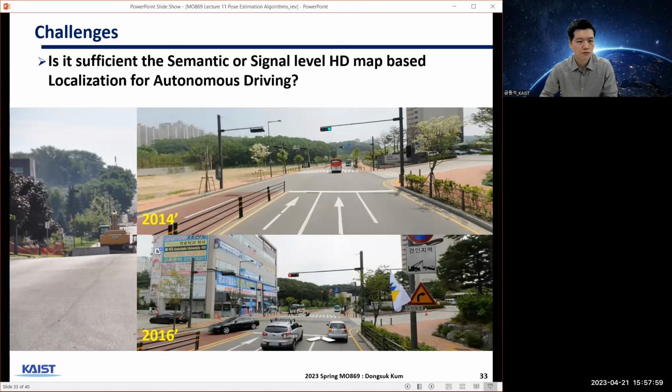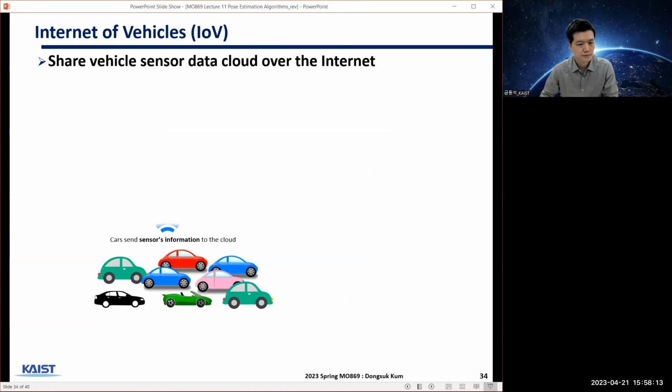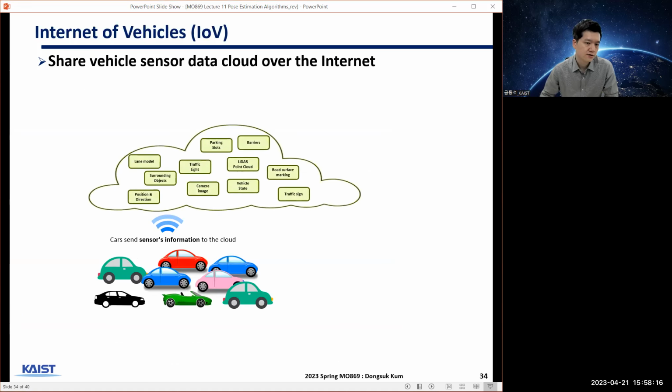So how can we maintain and update the map continuously, or in a semi-real-time manner? One idea is crowdsourced-based update in the long future. And we can discuss more about this during the discussion session next week. Okay.